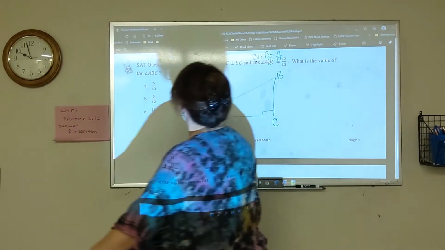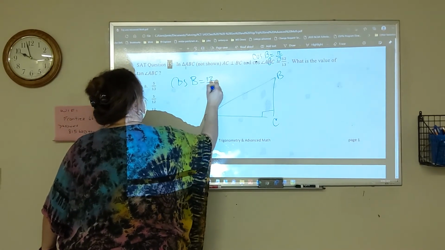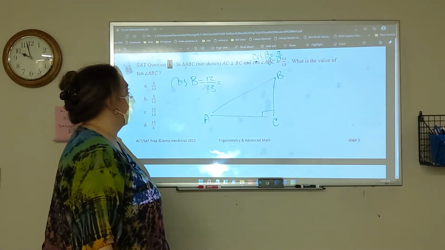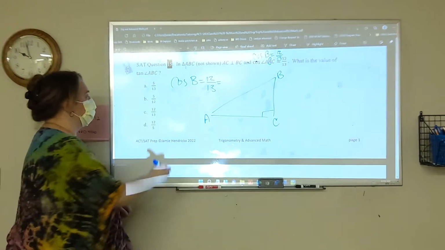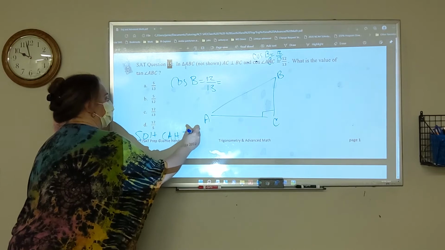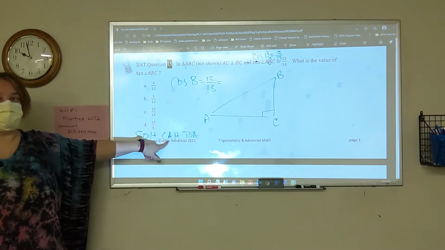So cosine of B equals 12 over 13. Okay. So cosine, so CAH TOA, right? Favorite abbreviation ever. We're in cosine land. We're in the middle.